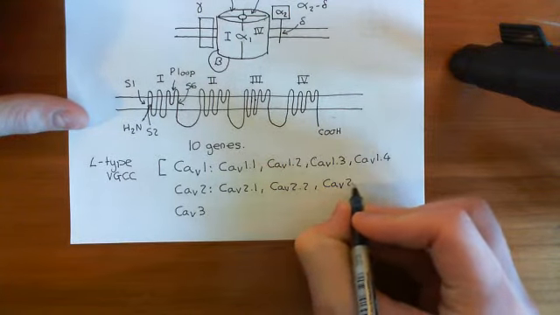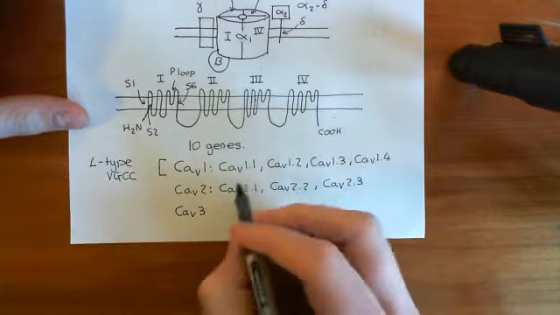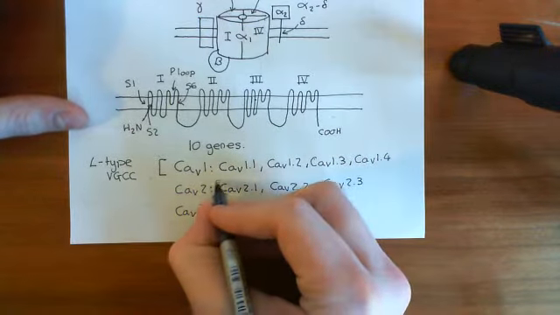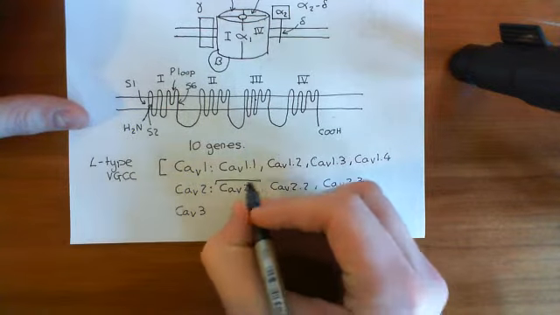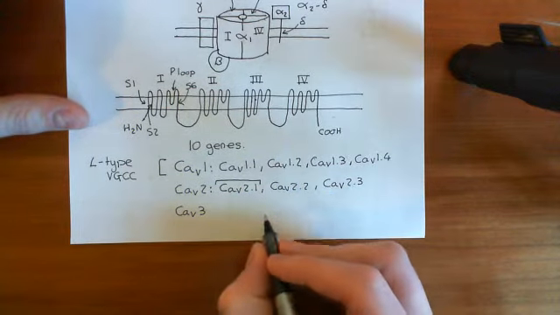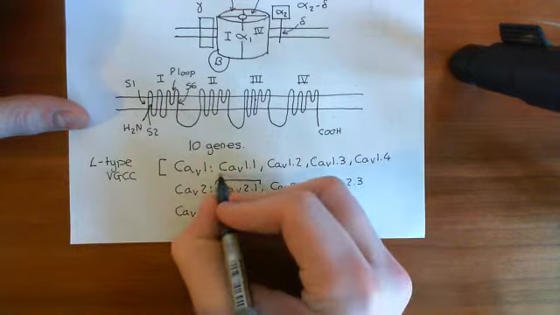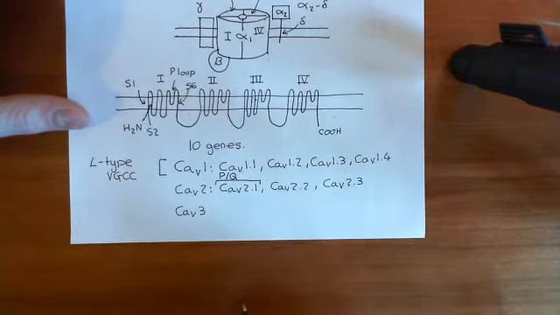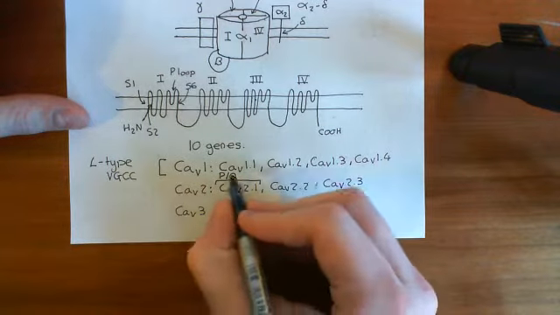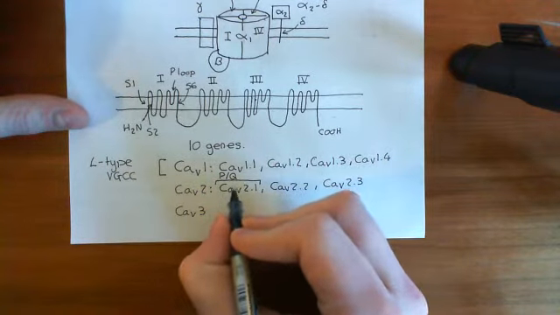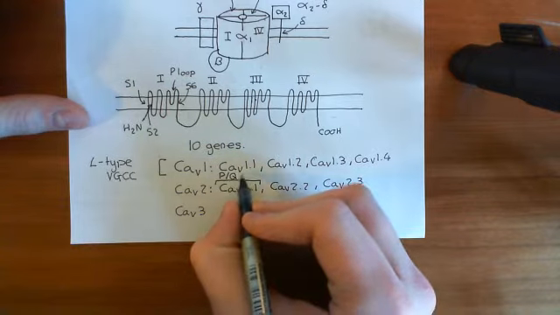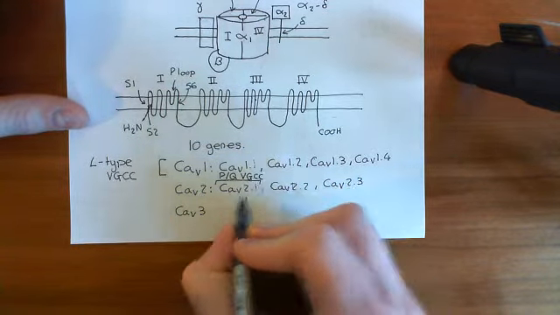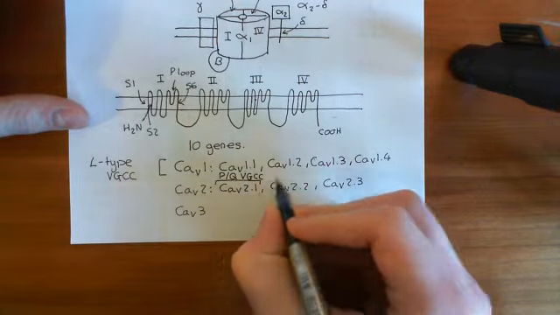Okay, now basically if you make a voltage-gated calcium channel with a CAV2.1 alpha-1 subunit, then that voltage-gated calcium channel is called a PQ-type voltage-gated calcium channel. Okay, so if someone says they're dealing with a PQ-type voltage-gated calcium channel, that means that the alpha-1 subunit is a CAV2.1 gene.